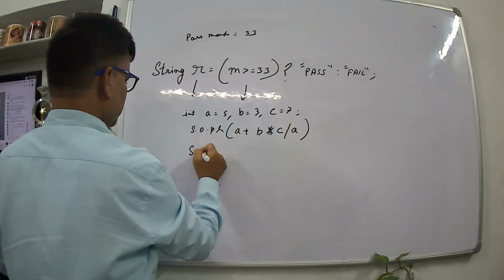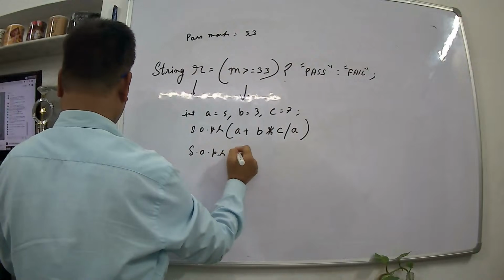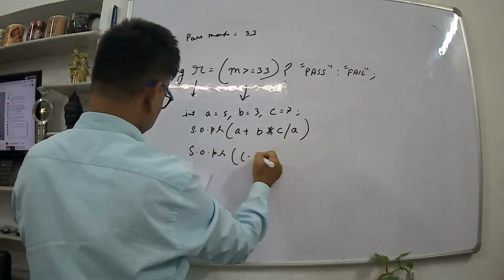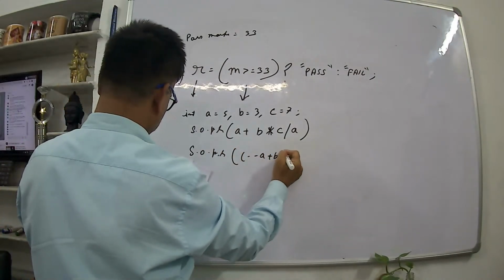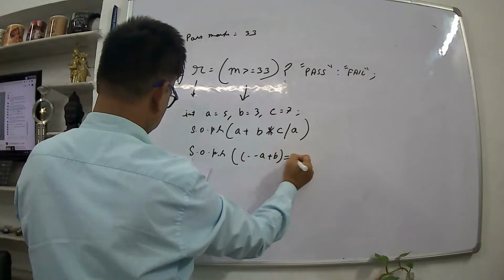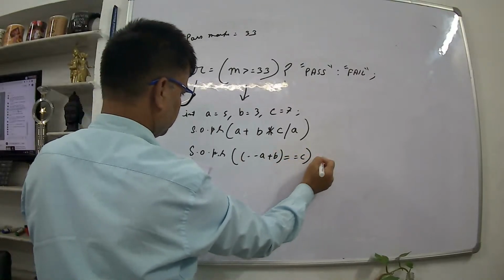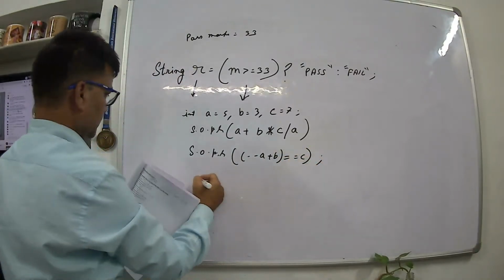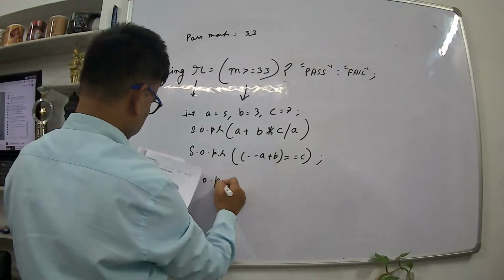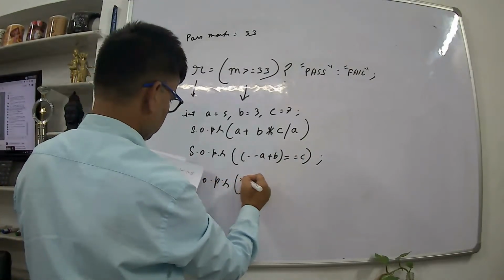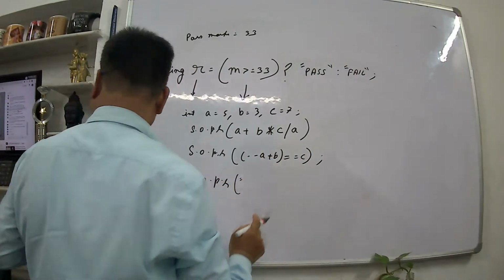Then again System.out.println minus a plus b equals c. Then System.out.println this much.